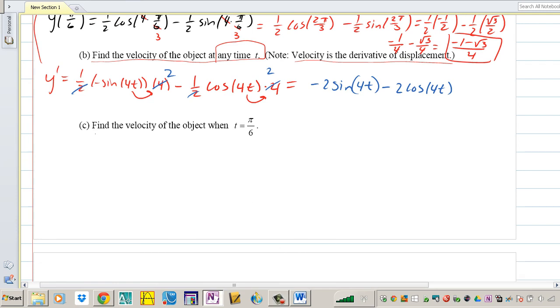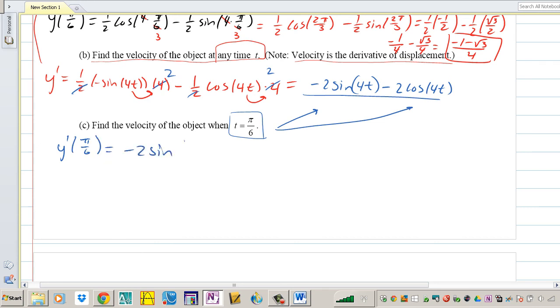Letter C, find the velocity of the object at t equals pi over 6. Well, we already have the velocity, y prime, so let's not rewrite it. We're just going to plug in pi over 6. So y prime of pi over 6 is negative 2 sine of 4 times pi over 6 minus 2 cosine of 4 times pi over 6.